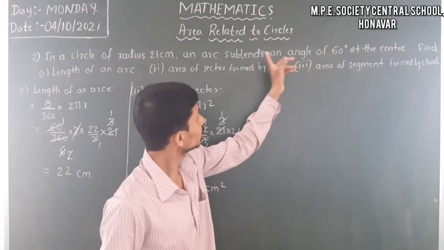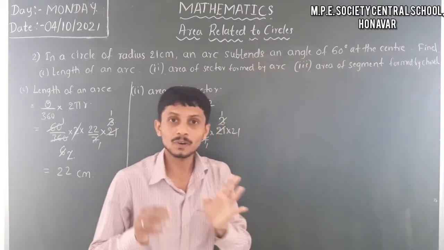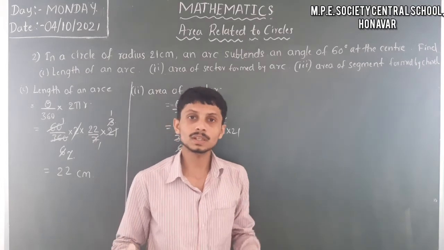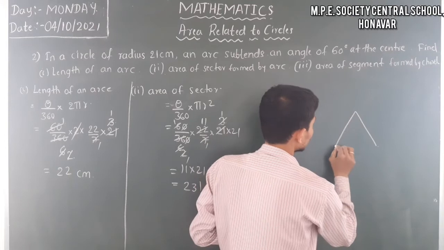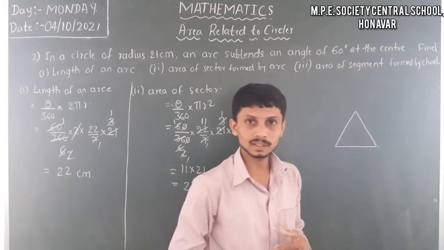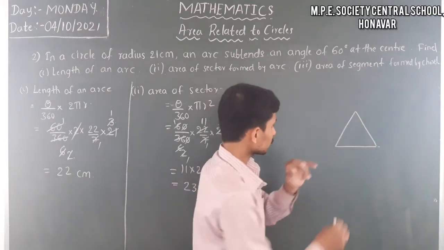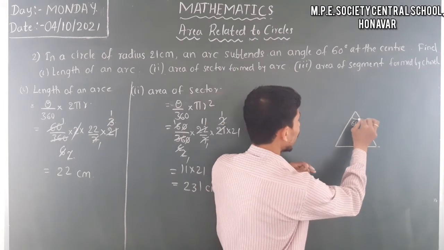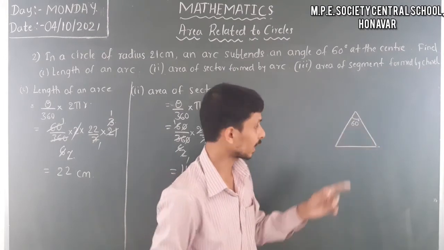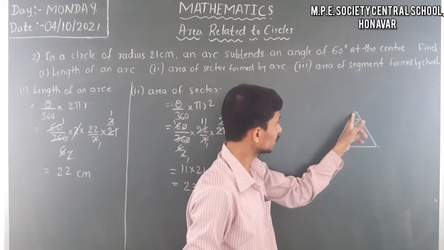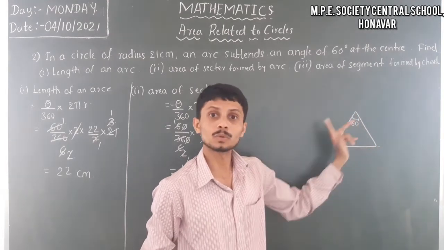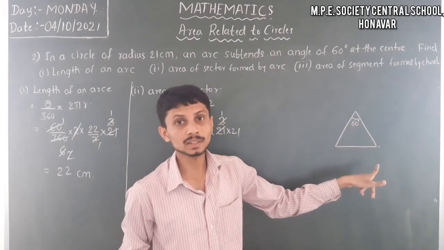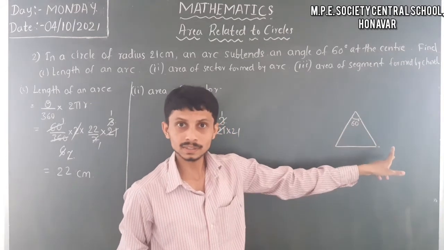If one angle of this triangle is 60 degrees, what about the others? Here is a triangle inside the circle, with 60 degrees between two radii, and both radii are equal. So this is an isosceles triangle.